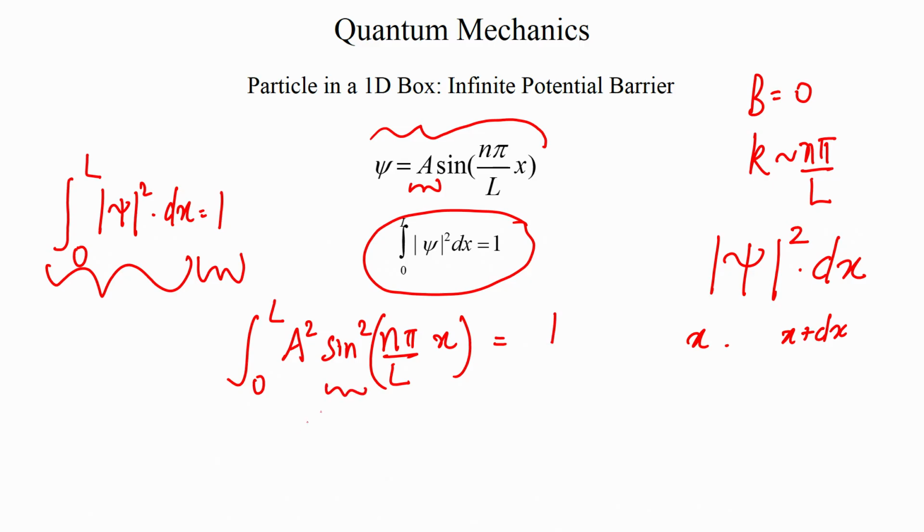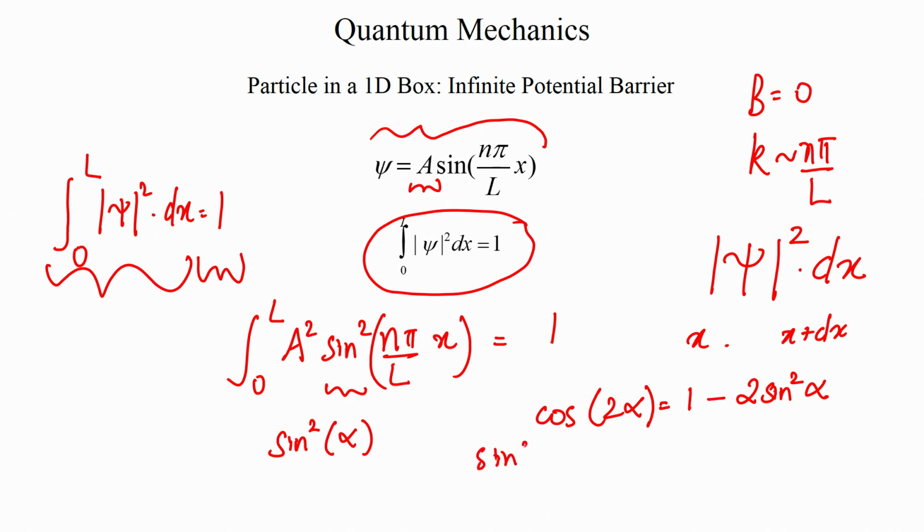Now you can write your sine square. Let us say you have a general sine square alpha. You must note that cosine of 2 alpha is cos square alpha minus sine square alpha, or in other words it is 1 minus 2 sine square alpha. Therefore my sine square of any angle alpha is 1 minus cosine of 2 alpha by 2.